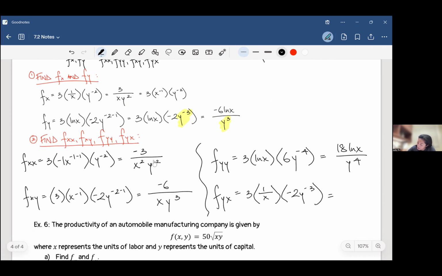And when I clean this up, I might notice something. Negative 6 over xy to the 3rd. Well, that means that our fxy turned out to be the same as our fyx.